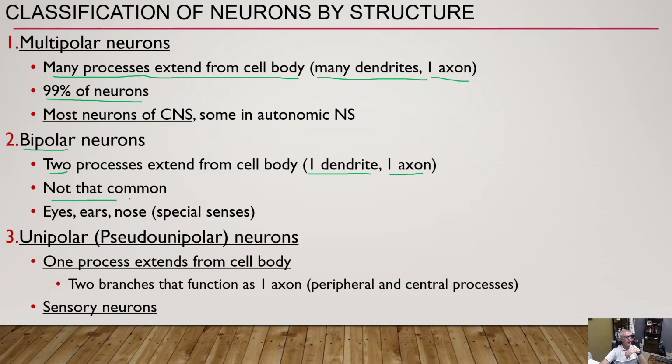We really don't see bipolar neurons that often, really only in our special senses, our eyes, ears, nose. We'll actually spend all of chapter 12 talking about our special senses, sight, sound, taste, touch, like that. So bipolar, 2 extensions only.